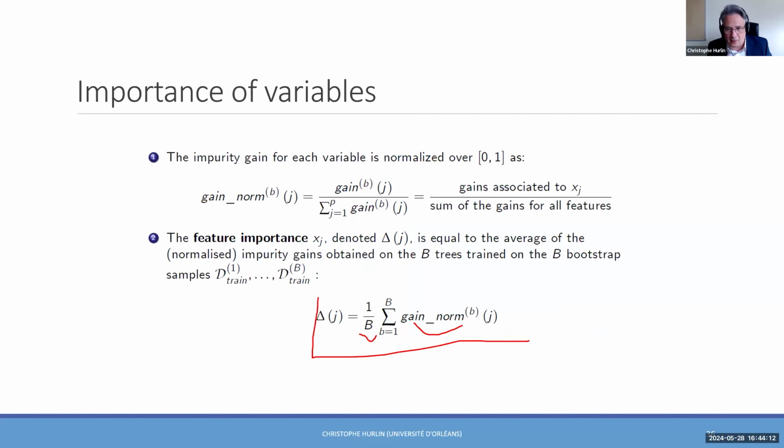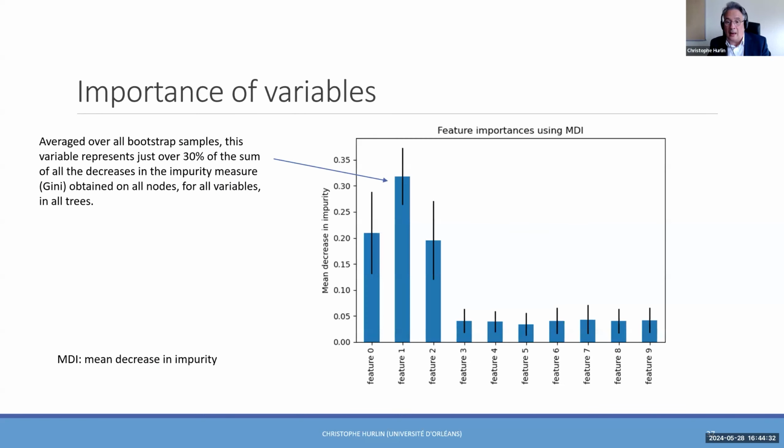Okay, let me go back to this formula. Remember that I compute the impurity gains for the variable age or car price, and I have capital B gains, okay? So here Python reproduces the mean of the capital B impurity gains, and here you have the minimum, and here you have the maximum value.